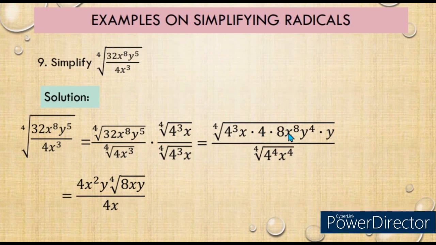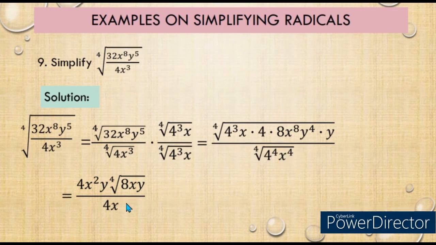Okay, and then 8 divided by 4 is equal to 2. So we have x raised to 2. And then the fourth root of y raised to 4 is equal to y. So may iwan na lang ngayon dyan sa loob ng radical sign ay si x, 8, and then si y. Kaya po 8xy. And then the fourth root of 4 raised to 4, x raised to 4 is equal to 4x.